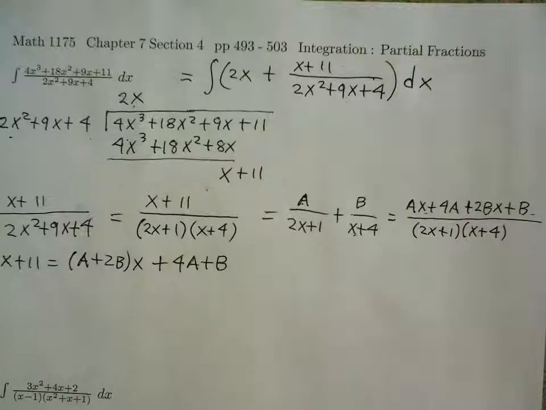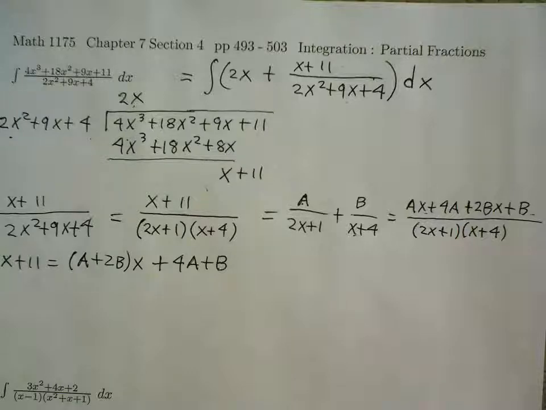A and b just represent constants. So type in one of the equations we get based upon the fact that the polynomial x plus 11 is equal to the polynomial a plus 2b times x plus 4a plus b.